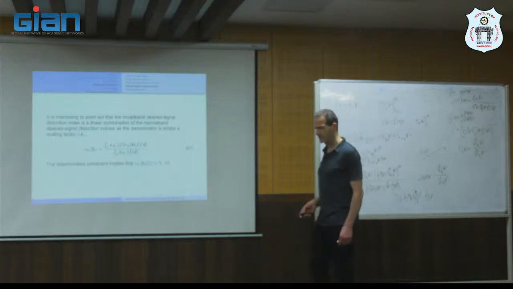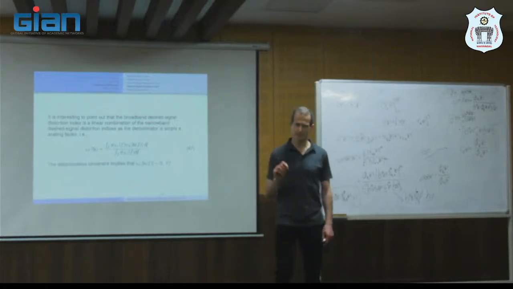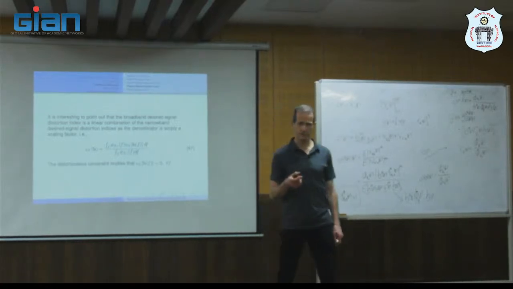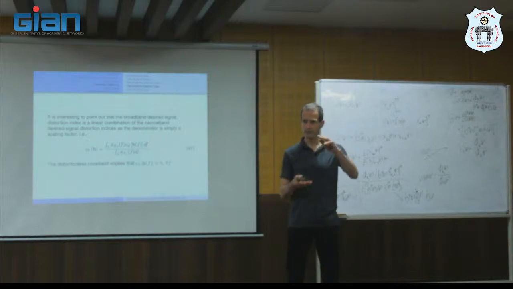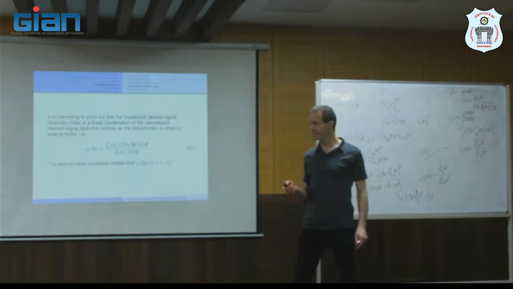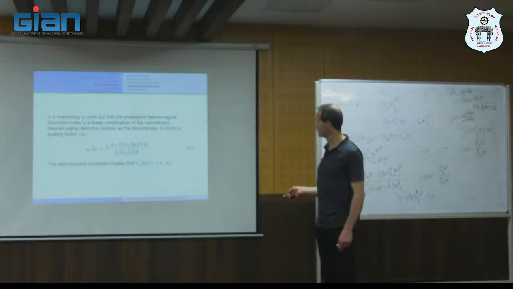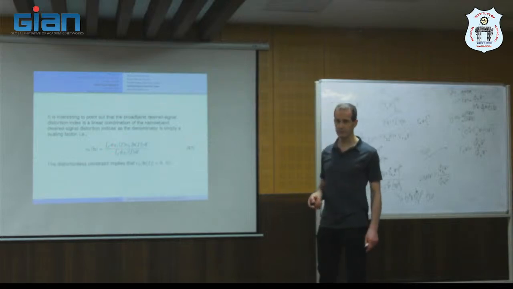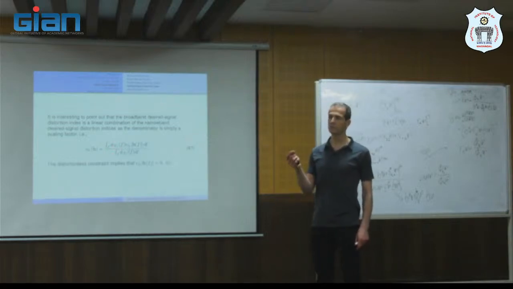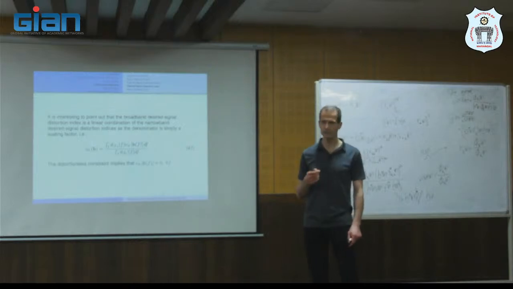Of course, because if in each frequency we have distortion, the total distortion will depend on the strength of the signal in each frequency. The distortion index is normalized between 0 and 1.